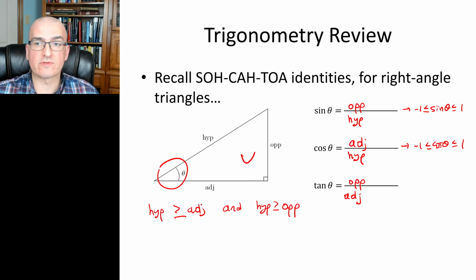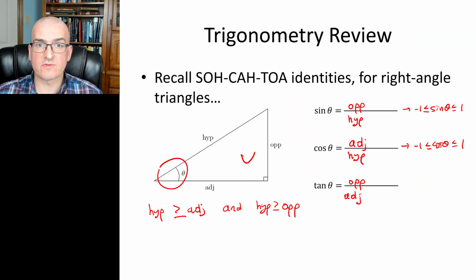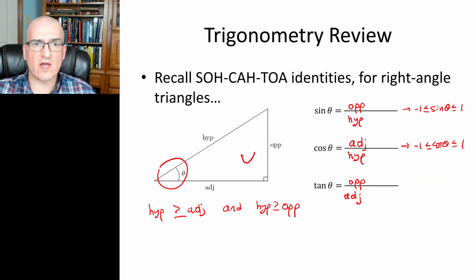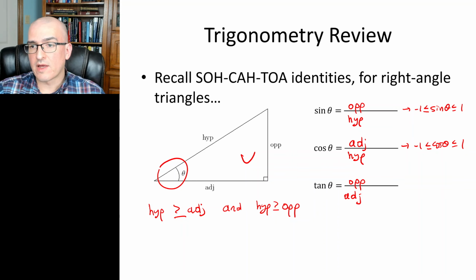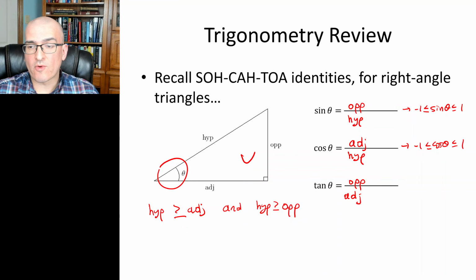Looking at the ratios, sine is opposite over hypotenuse, so something that's smaller than the hypotenuse divided by the hypotenuse, that tells us that the sine of theta cannot be larger than 1. There are extended angles outside of this first quadrant. Some of those angles are negative, and it's going to be important to also know that the sine of theta cannot be more negative than -1.